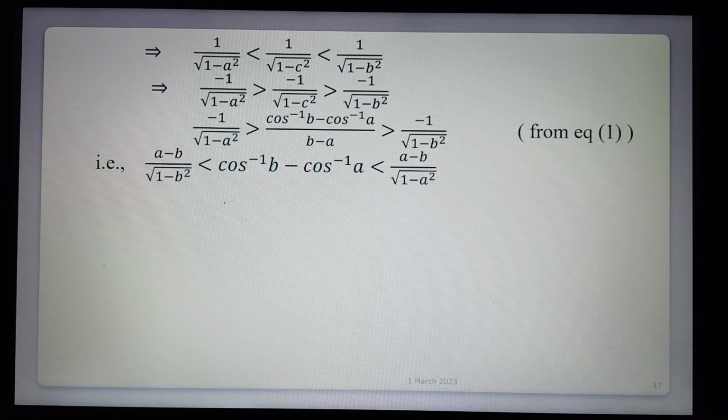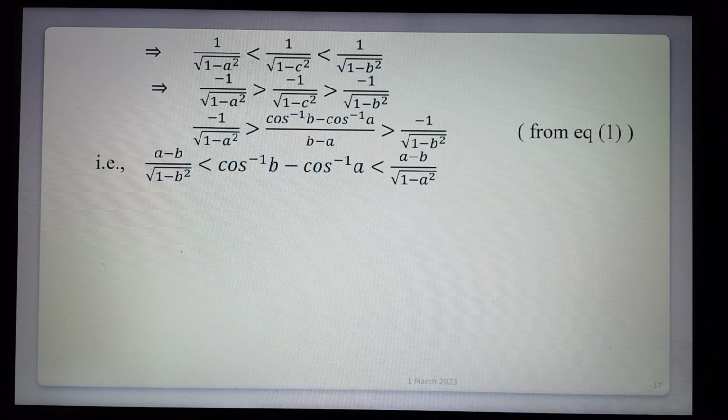Taking the minus common interchanges the signs, so we write (a − b)/√(1 − b²) < cos⁻¹b − cos⁻¹a < (a − b)/√(1 − a²). Here b − a with minus common is a − b, and the minus cancels. So this is the inequality.